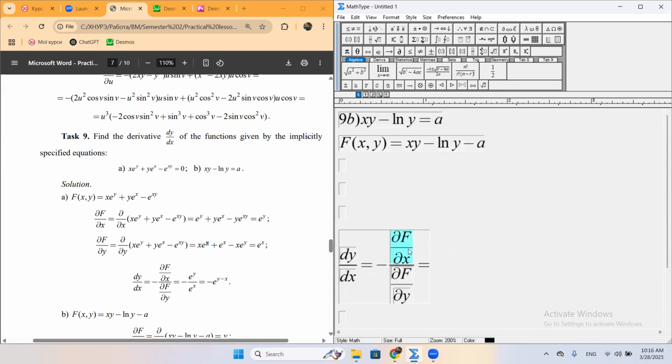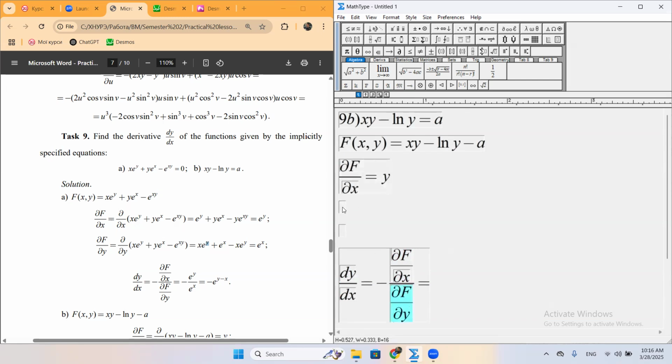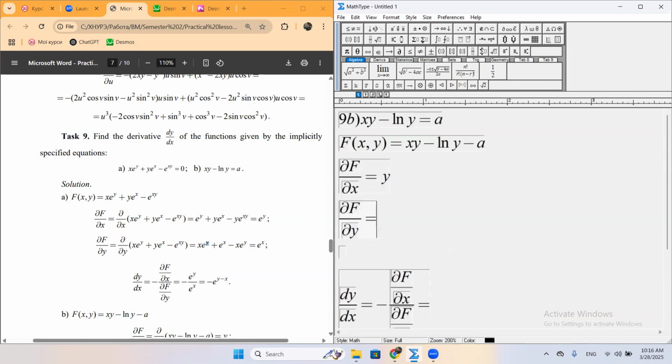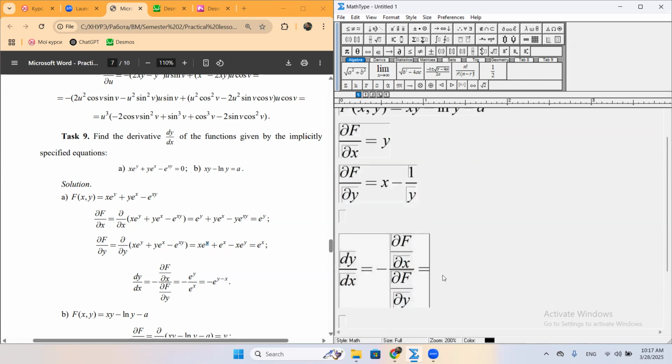And now differentiating f by x and y. df by dx equals y. df by dy equals x minus 1 over y. And now let's divide this.